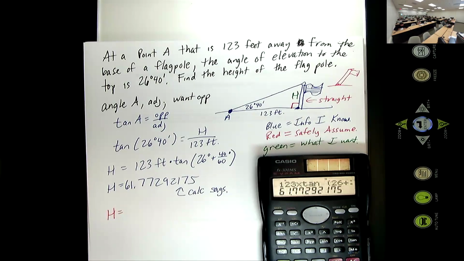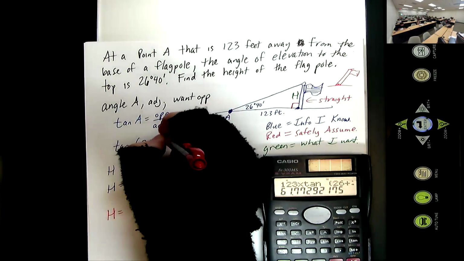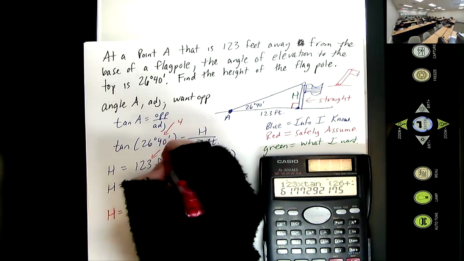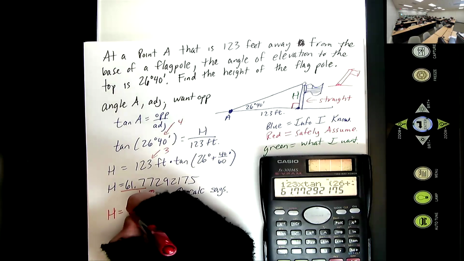Who likes the 77? Who likes the 8? I like the 8 too. Anybody got a reason why 61.8 is better than 61.77? We would have to round either way. The smallest number of significant digits so far was 3 digits. That's what we want to stick our accuracy to. I will assume that's 4, this was 3, we're going to keep with 3. So we're going to say 61.8.